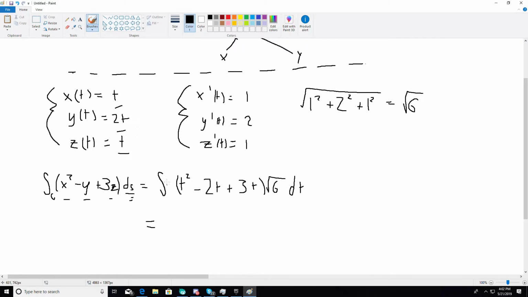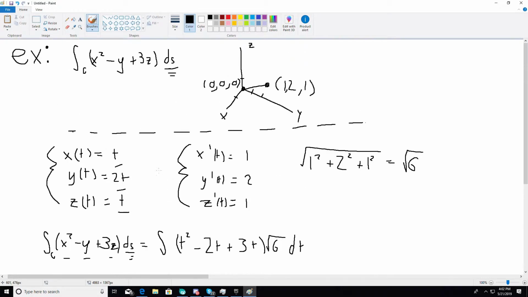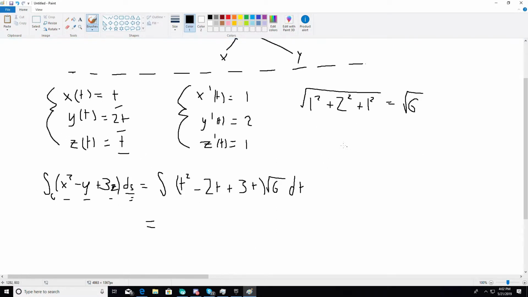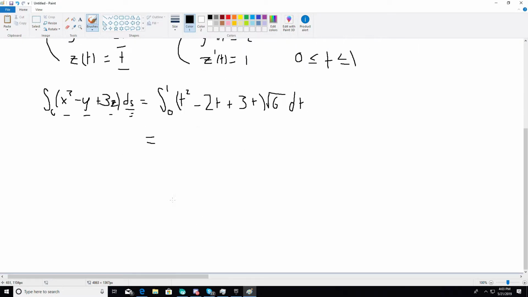And then we also want to have our limits on here because it's a definite integral. So because of the way we parameterized, our t values are going to be between 0 and 1. So we put that on the integral. Now you can just take normal antiderivatives and finish out the problem.